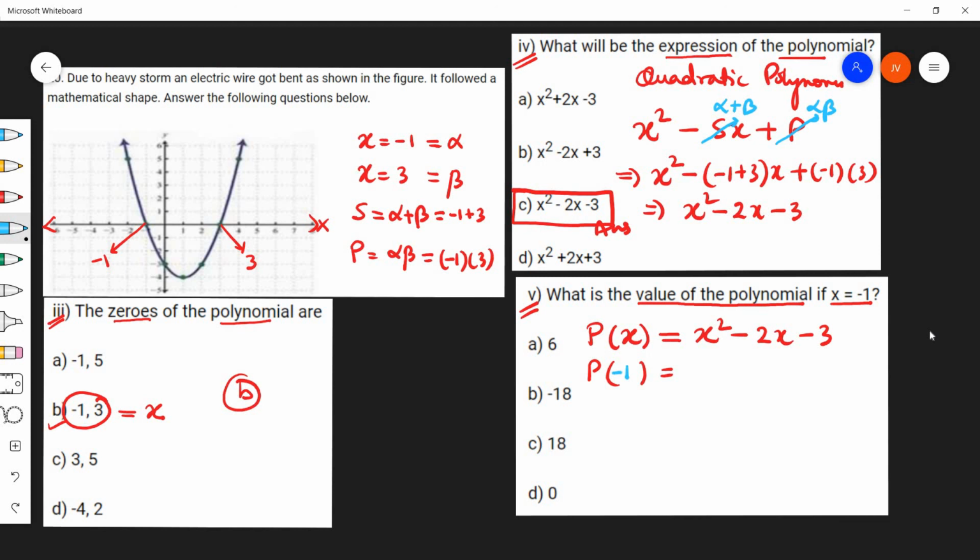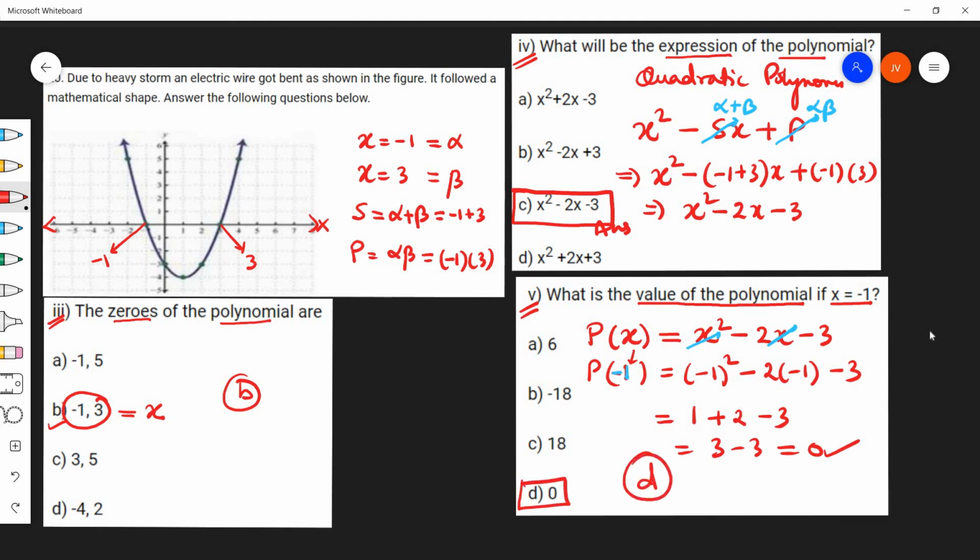Wherever we see x, we put minus 1. We get (-1) square minus 2 times (-1) minus 3, which is 1 plus 2 minus 3. So this is 3 minus 3, which is 0. So the value of the polynomial at x equal to minus 1 is 0. The correct option is D.